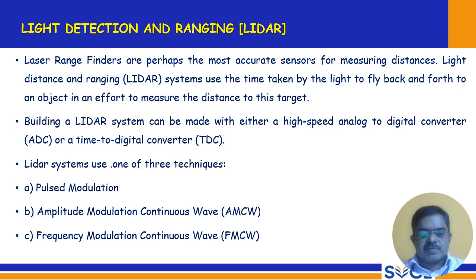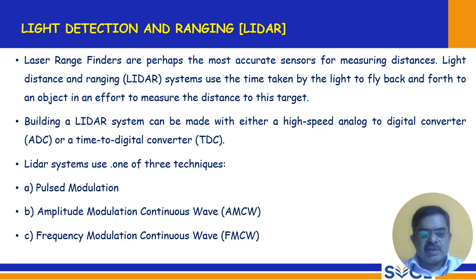A Lidar system can be built with either a high-speed analog to digital converter or a time to digital converter (TDC). Lidar systems use one of three techniques: the pulsed modulation technique, the amplitude modulation continuous wave technique, and the frequency modulation continuous wave technique.